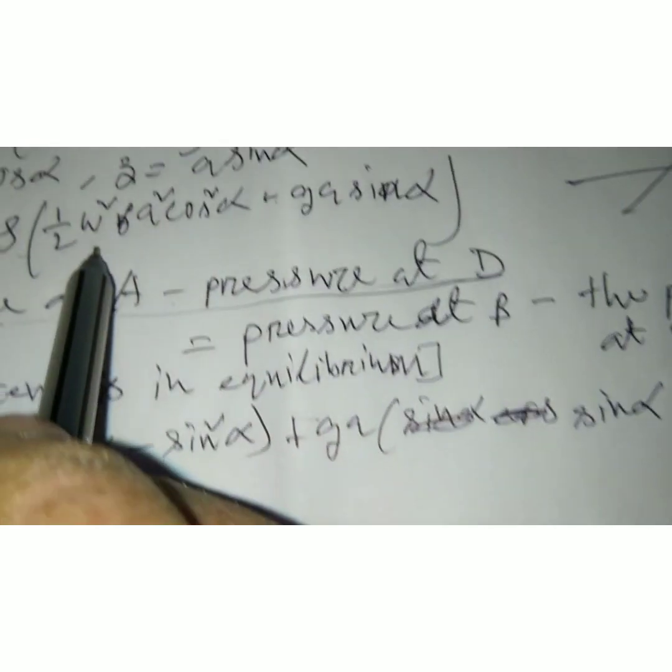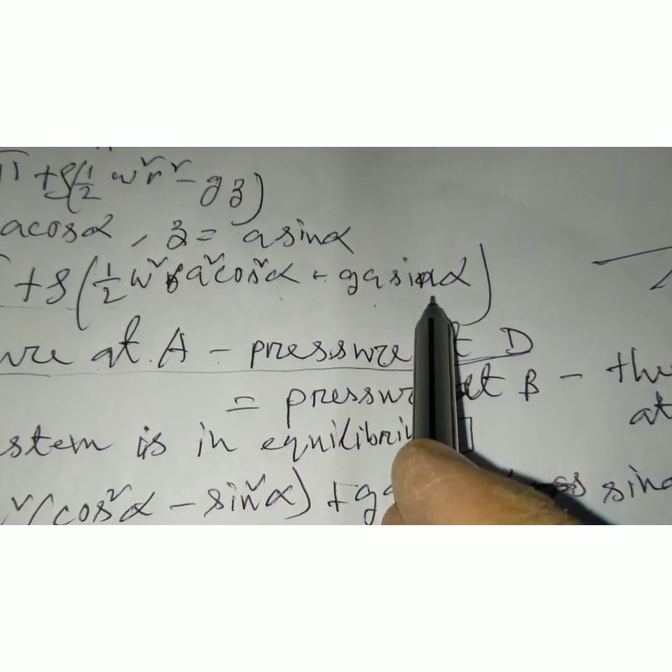So the pressure difference, delta P, is equal to rho omega square A square cos square alpha minus GA sin alpha. So I will get cos square alpha minus sin square alpha, minus GA, sin alpha minus cos alpha.